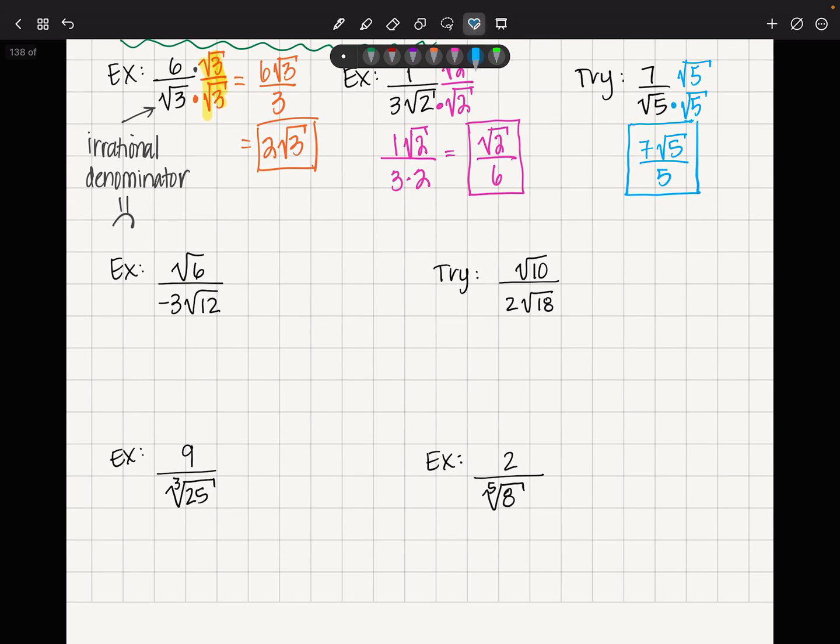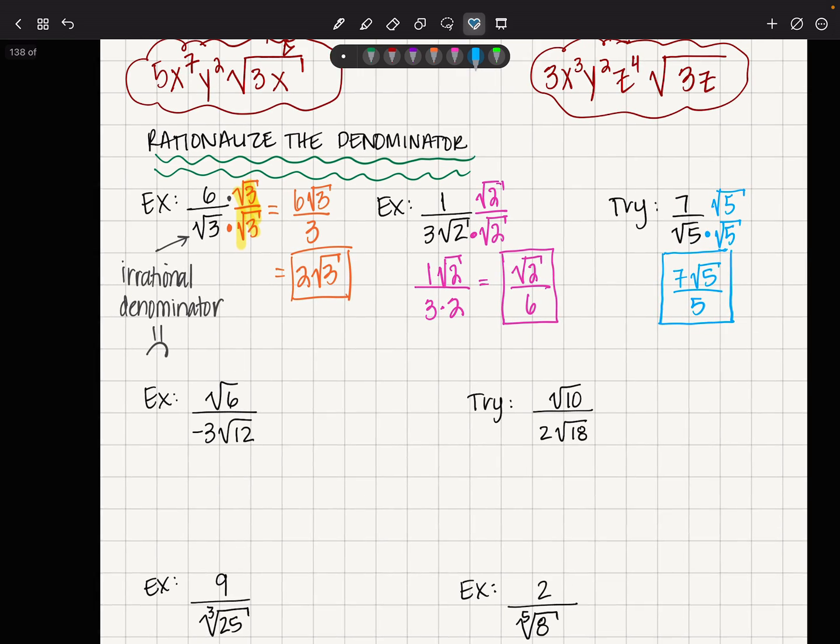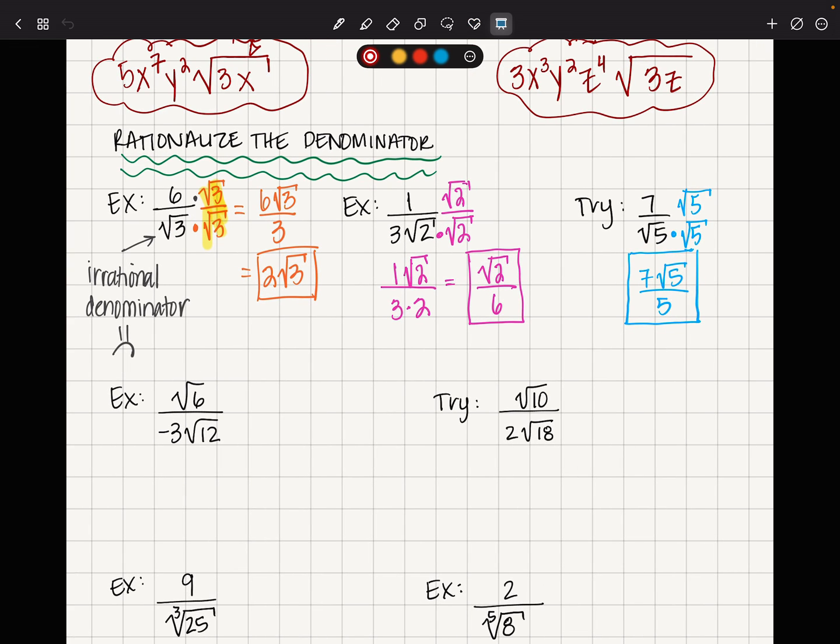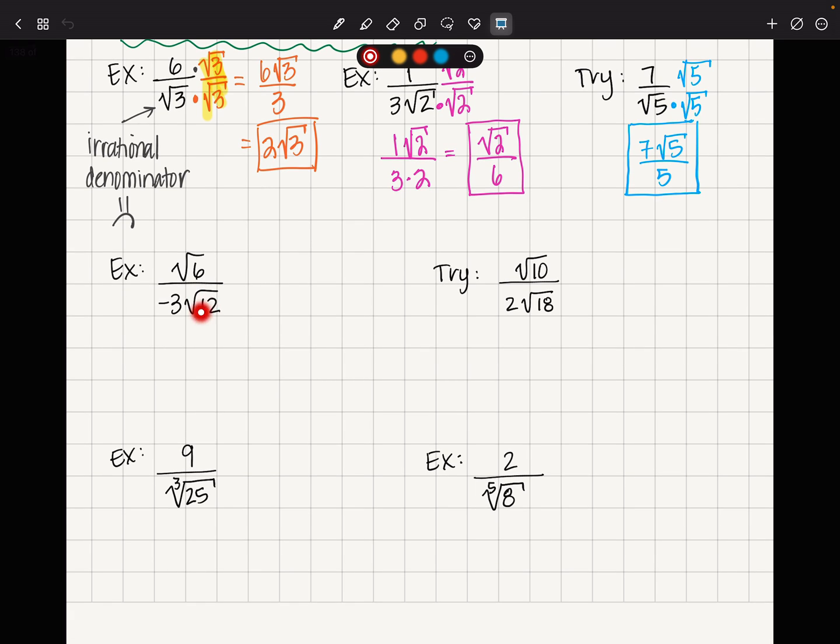Now, sometimes the denominator is a little bit more complicated than just something like a 3, a 2, or a 5 underneath the radical. Now we've got this 12 underneath the radical, and there's lots of things we can do here. One of the things that we can do is reduce the square root of 6 over the square root of 12.